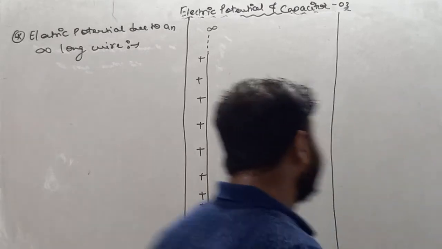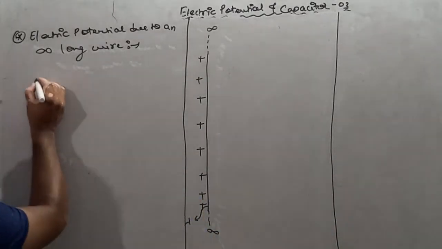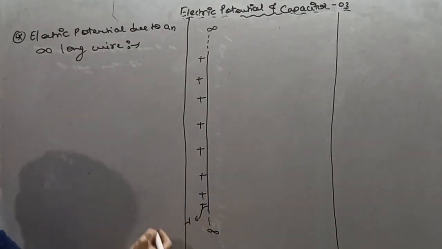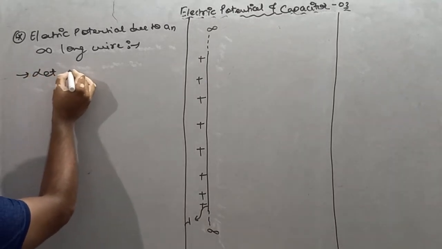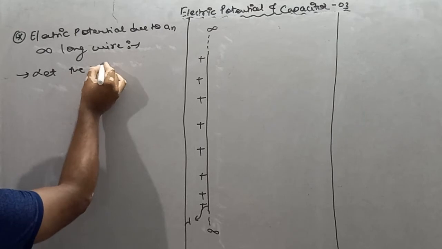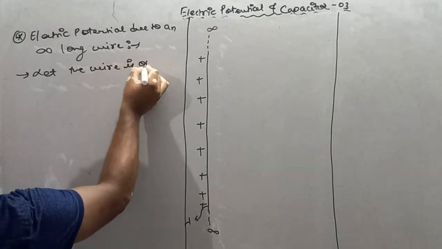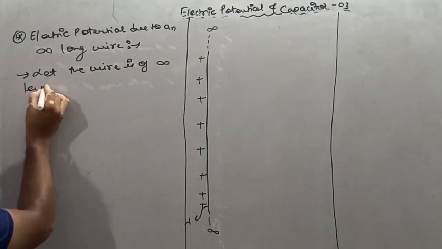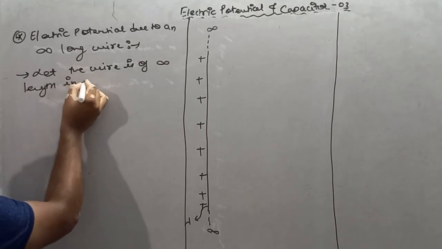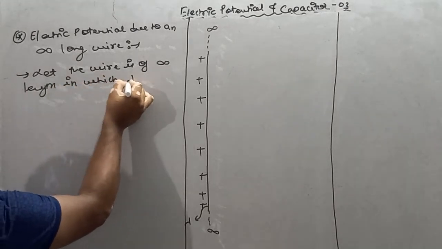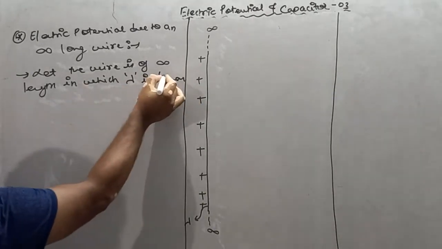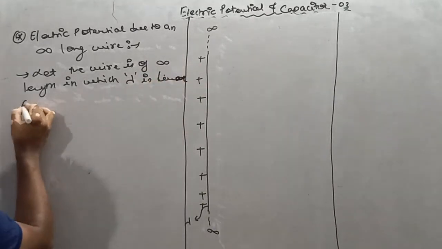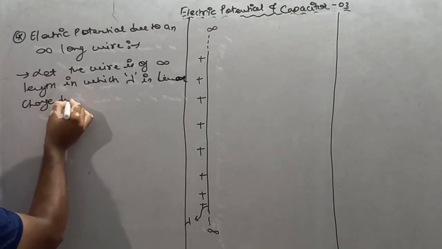We know the electric field due to an infinite long wire. If the linear charge density is lambda, let the wire be of infinite length in which lambda is the linear charge density.